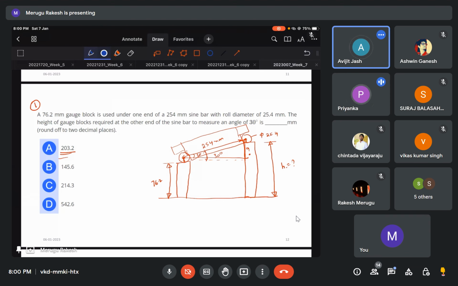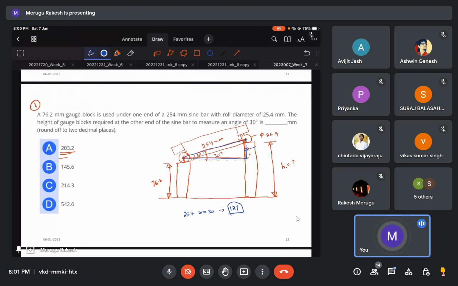Which one is 120? The triangle, right? The blue color one. This is 127.